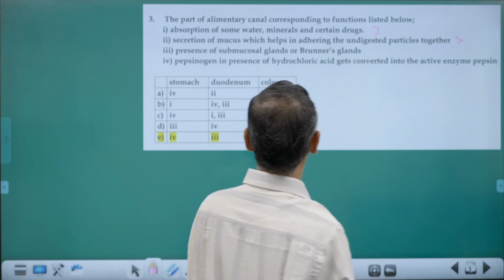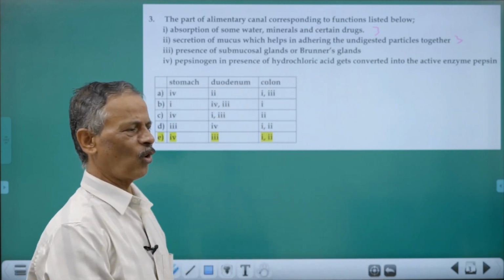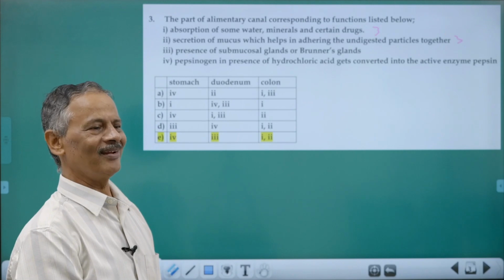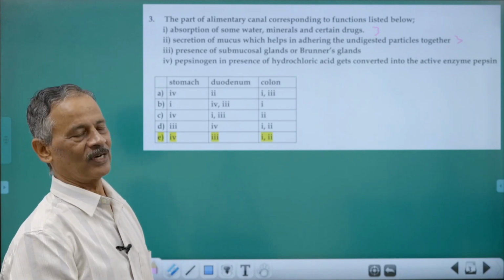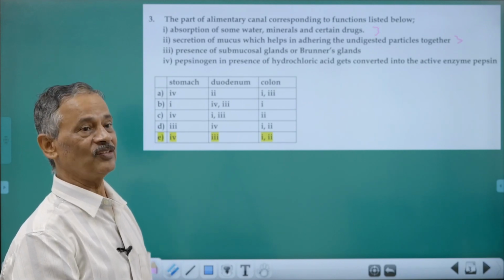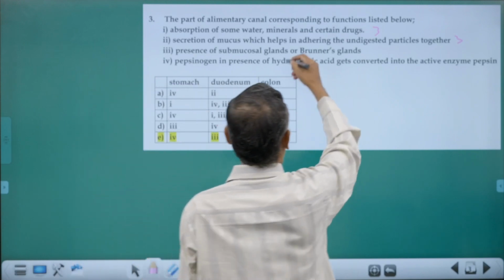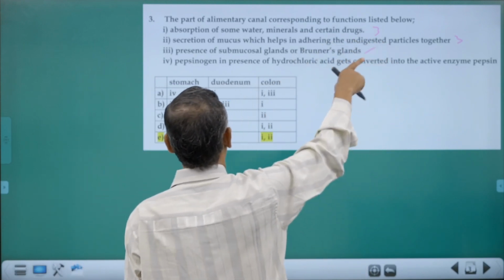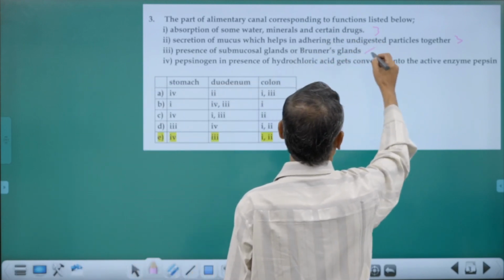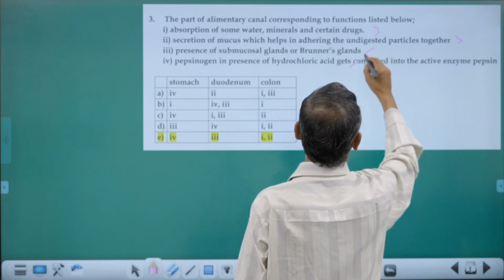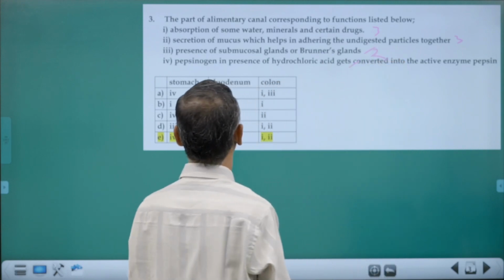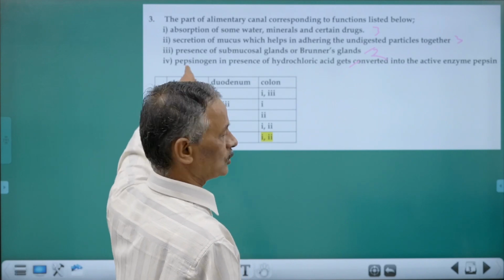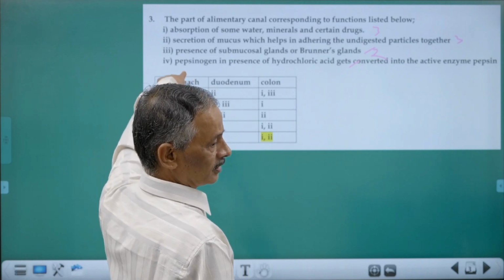Presence of submucosal gland. The only region and only gland in the submucosa is the duodenum, and the gland is Brunner's gland. Submucosal gland is the Brunner's gland, so Brunner's gland is in the duodenum. So duodenum is the second one. Pepsinogen, pepsin is the active form.